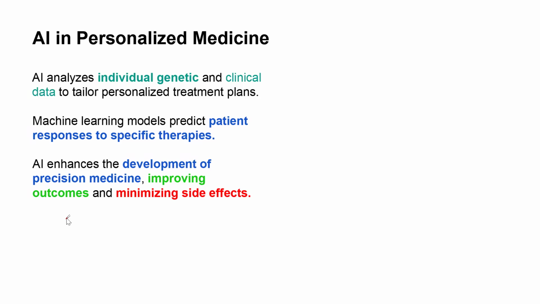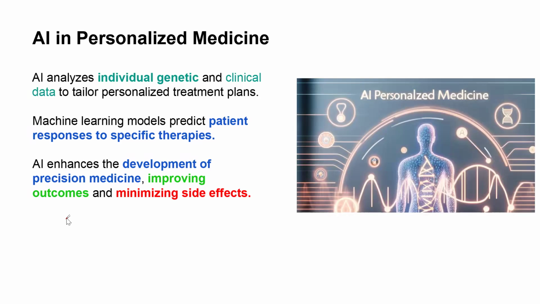That means you are treating a disease based on an individual's genetic data, and that is why it is called precision medicine: you are treating an individual precisely based on the genetic data as well as the clinical data. It also helps in improving outcomes, and at the same time it minimizes side effects. So this is AI in personalized medicine.